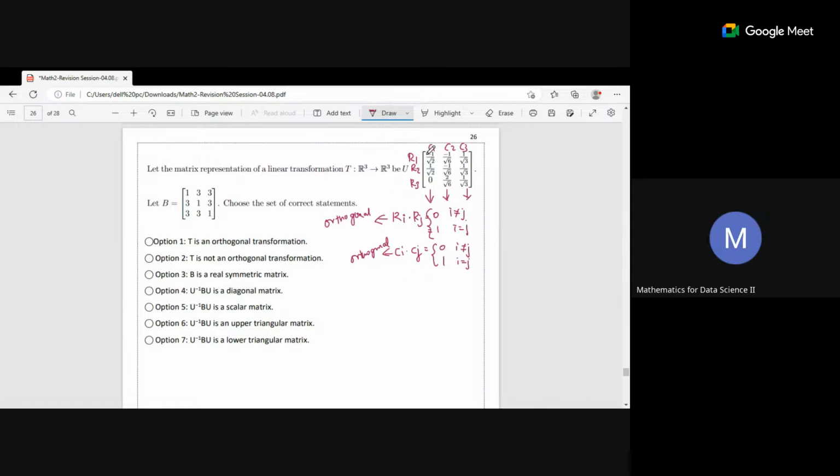It says that each of these rows has norm 1, and in the same way each of these columns has norm 1. So you see that all the rows are orthonormal as well as the columns. So does this T form an orthogonal transformation? Yes.